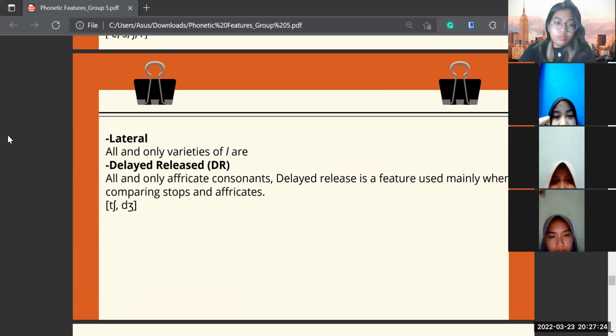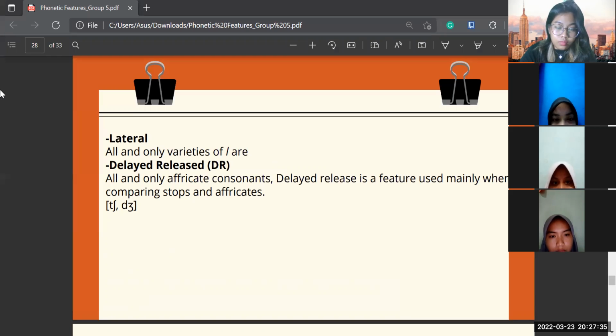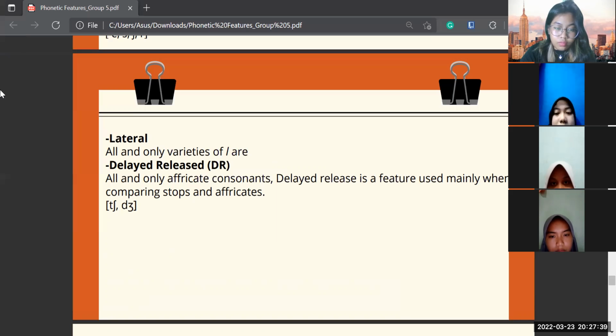And there is lateral, all and only varieties of L. And for the last is delayed release, or DR. All and only affricate consonants. Delayed release is a feature used mainly when comparing stops and affricates.